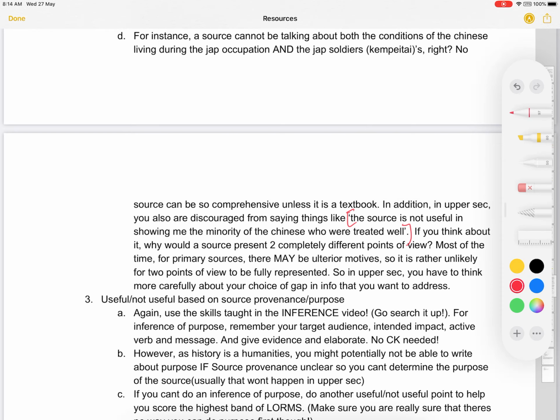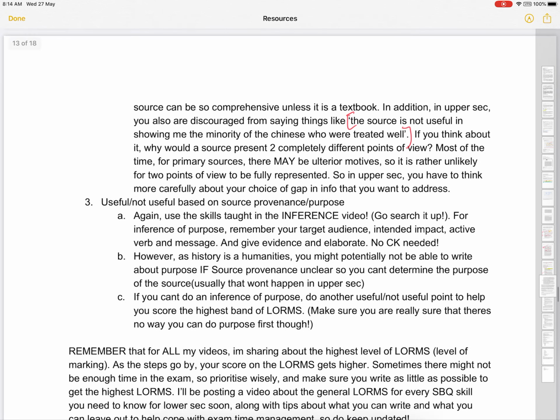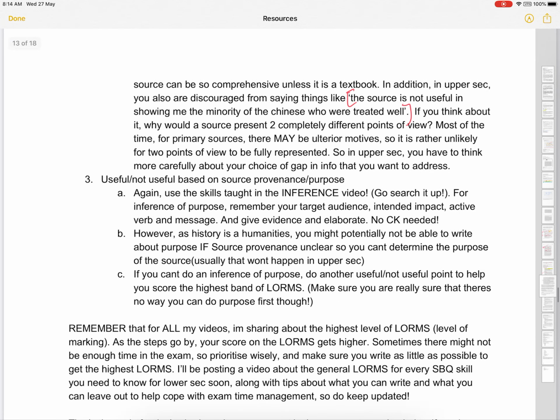So if you think about it, why would a source present two completely different points of view? Most of the time for primary sources there may be ulterior motives, so it's rather unlikely for two points of view to be fully represented. So in upper sec, you have to think more carefully about your choice of gap in info that you want to address. But I don't think you have to worry about it for now, because it's lower sec things.